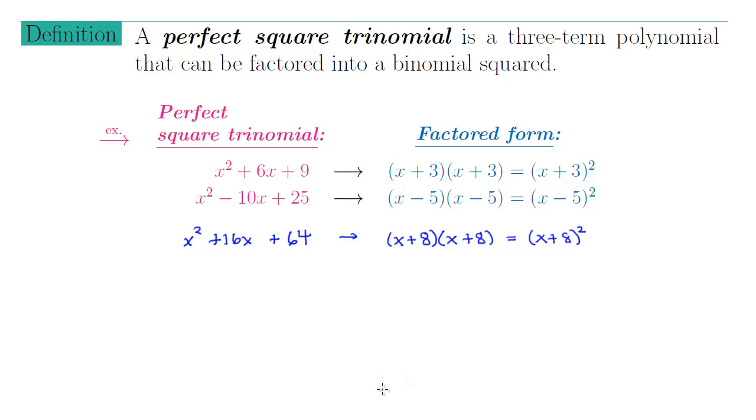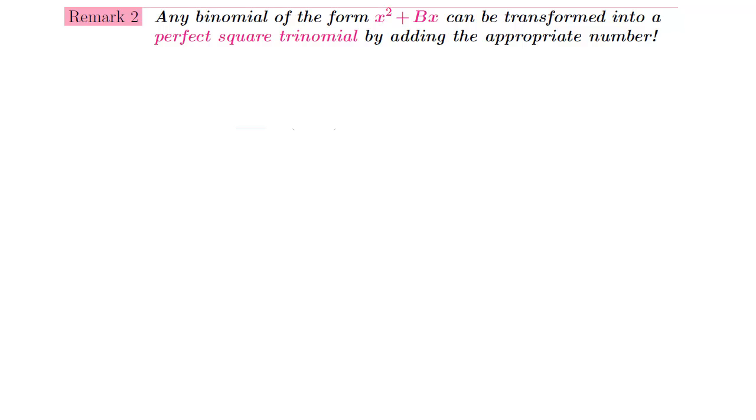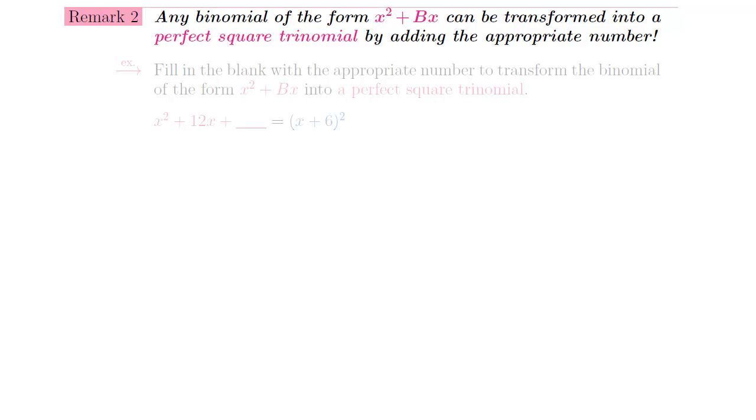Let's now take a closer look at perfect square trinomials. Let's make an observation. Any binomial of the form x squared plus bx can be transformed into a perfect square trinomial by adding the appropriate number, which will be a perfect square.